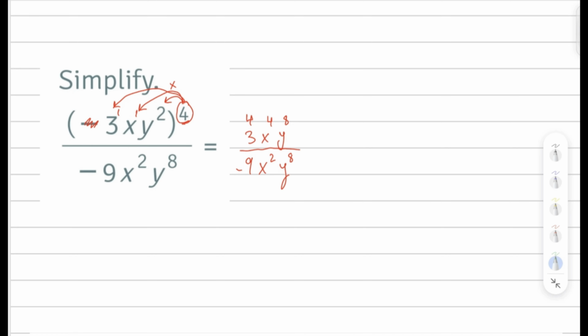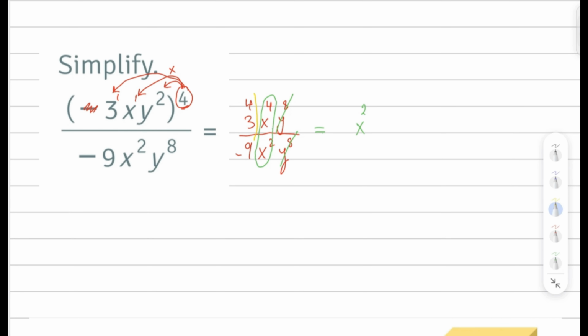Still, we can simplify. Y to the power 8 divided by itself is 1. Now for the x, in case of division and the bases are similar, we're going to subtract the exponent. So 4 minus 2 is 2. We're going to have x raised to the second power.